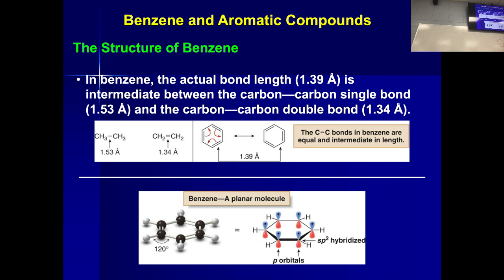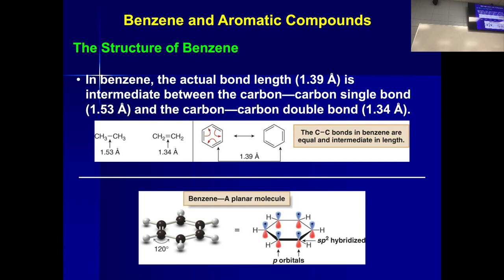I can draw resonance structures for benzene. That's what these arrows are, right? So, remember when we drew resonance structures earlier in the semester, we learned that we can push electrons. So let's assume that I don't move any of the atoms.